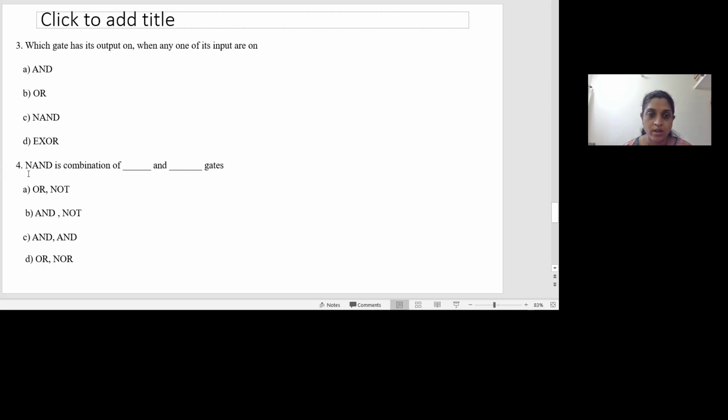Question 4. NAND is a combination of dash and dash gates. Choices: A, OR and NOT, B, AND and NOT, C, AND and OR, D, OR and NOR.